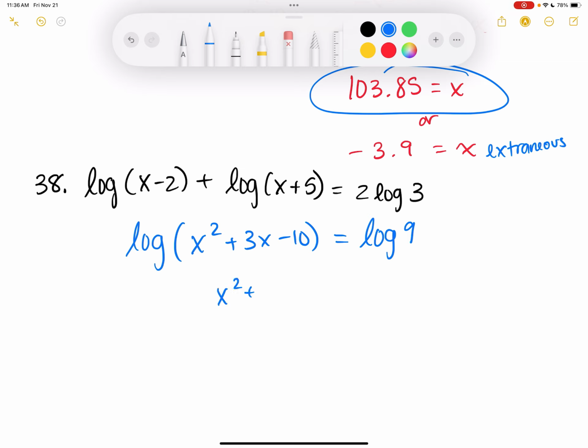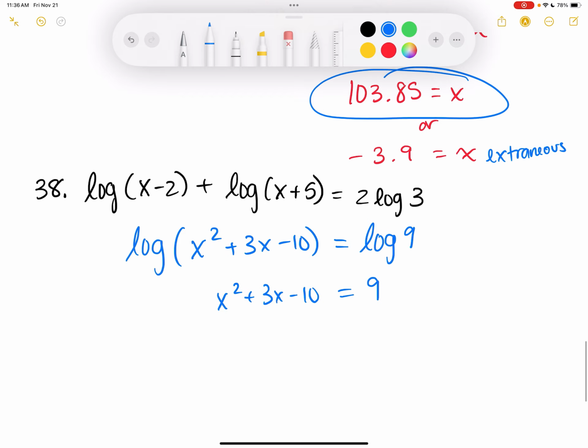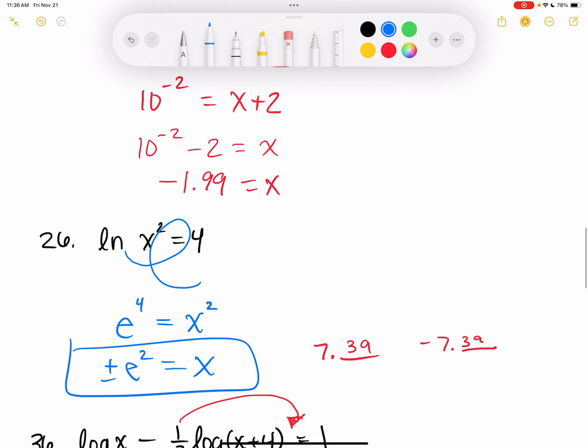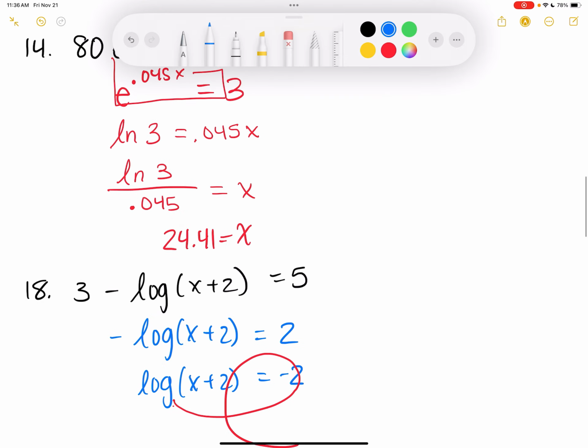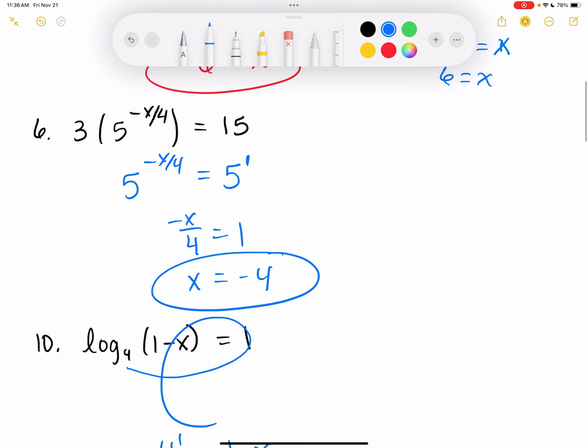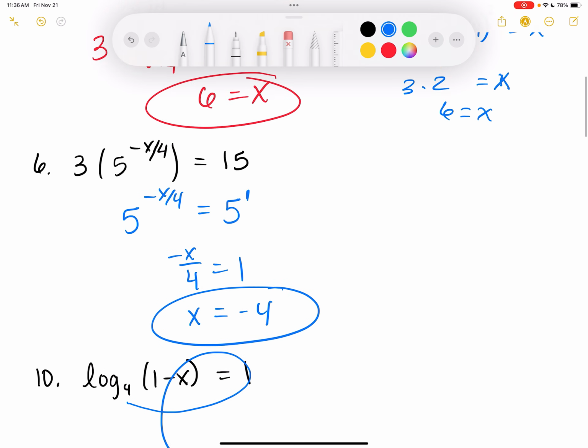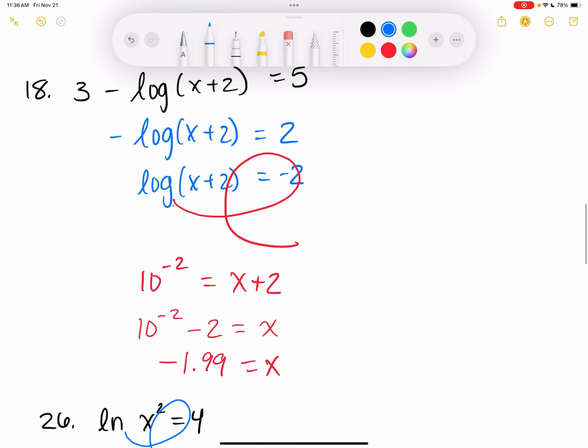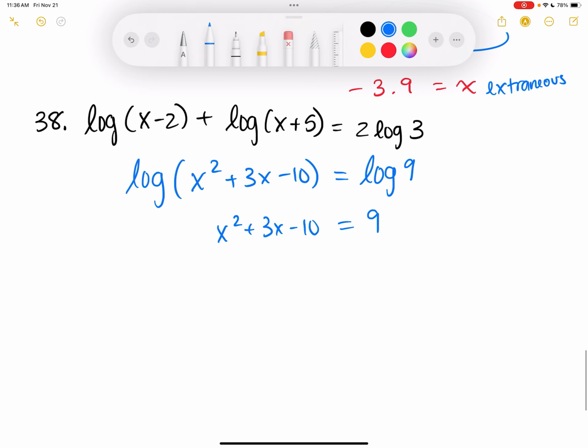So x squared plus 3x minus 10 equals 9. For the same reason that we had, where was it? It's a long time ago. Where the 5s on the exponents, if the bases are the same, the exponents have to be the same. So with the log, if the base is the same, the stuff inside of them has to be equal.